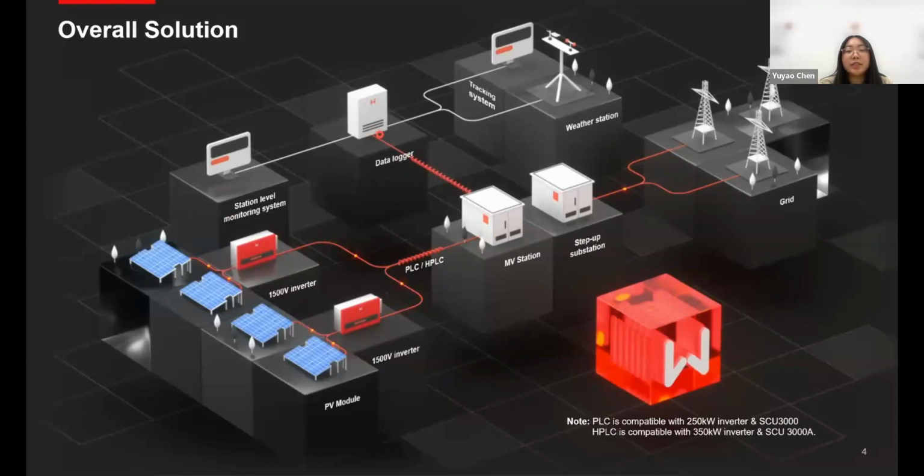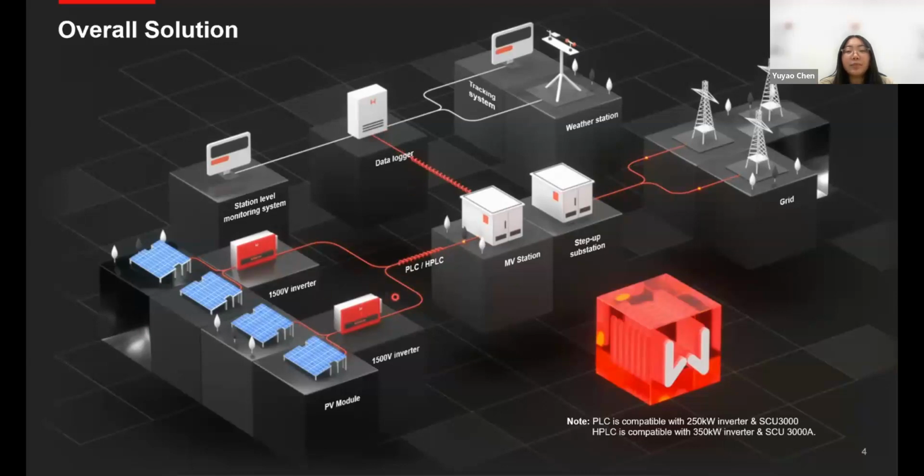The data logger connects to the MV station on the LV winding of the transformer, as well as all the inverters connecting to the LV winding. So they're connected to the same AC power. That makes PLC, power line communication, possible. That's how the data logger collects all the information of the inverters.